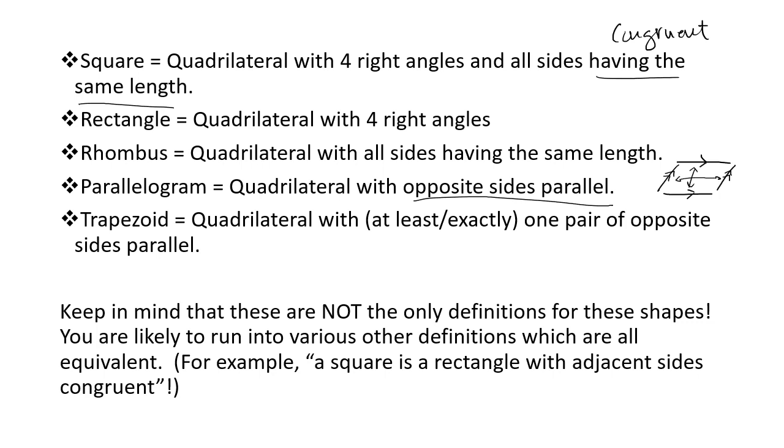The last one is a trapezoid, and this is a little sticky because depending on which textbook you're using, you may see different definitions. Some books say that a trapezoid has at least 1 pair of opposite sides parallel. Now, if this is the case, then every parallelogram would also be a trapezoid.